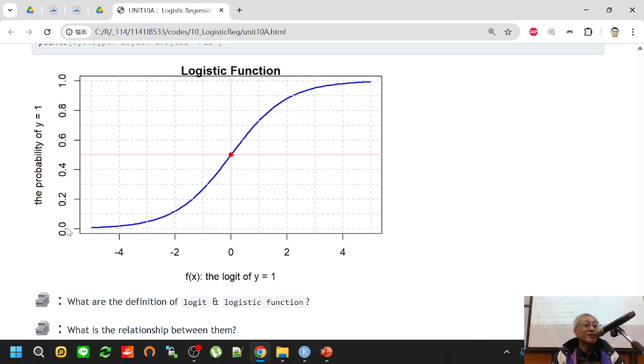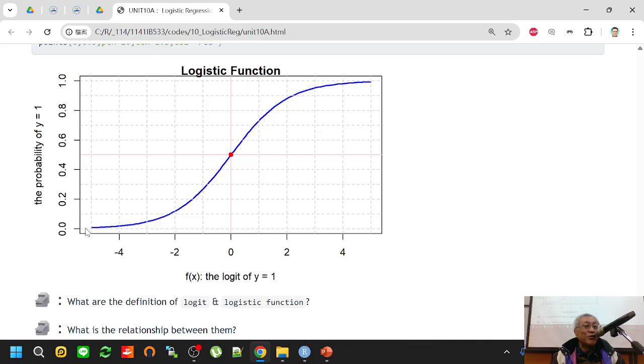So although the range of the linear combination is very wide, the change of probability mostly occurs in the interval between about minus 5 and 5.